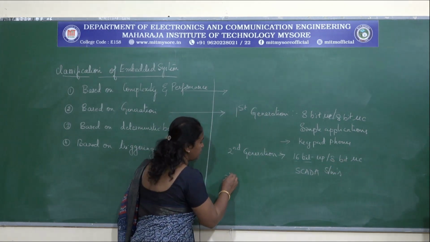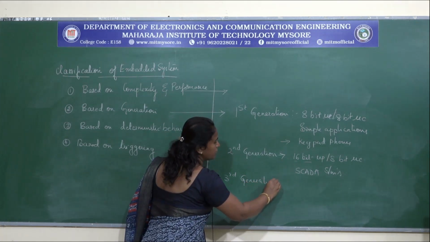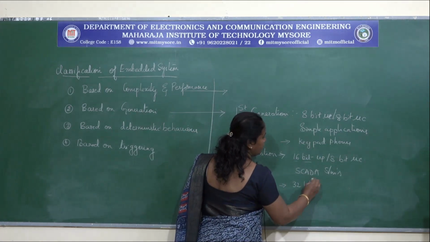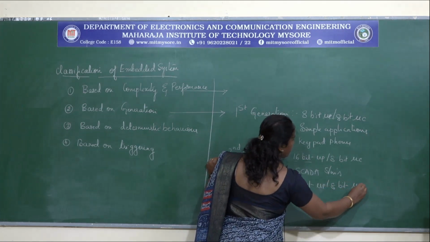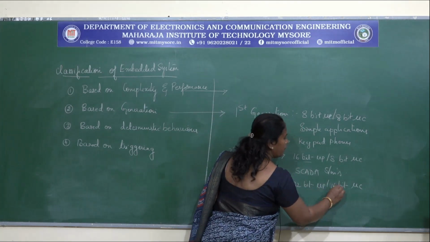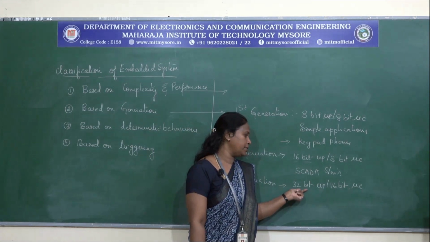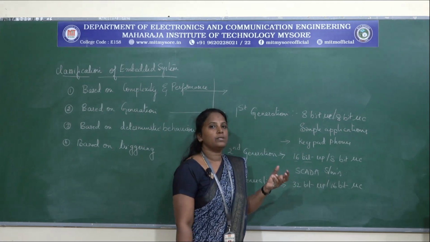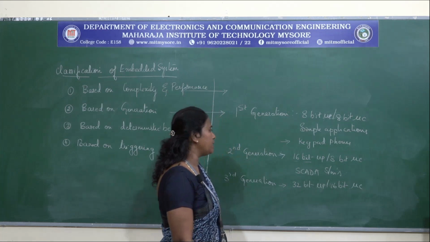Next comes the third generation, where we have 32-bit microprocessor and 8-bit microcontroller. Sorry, it is 16-bit microcontroller. As the size of the bits with respect to processor and controller is increased, the complexity involved in designing the circuit has also increased here.